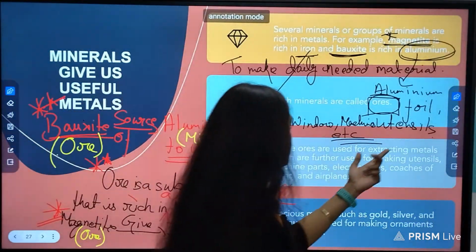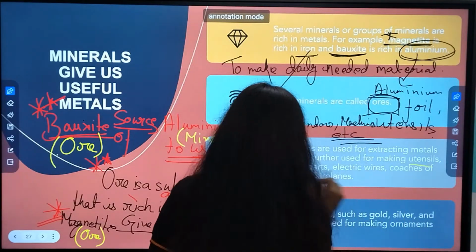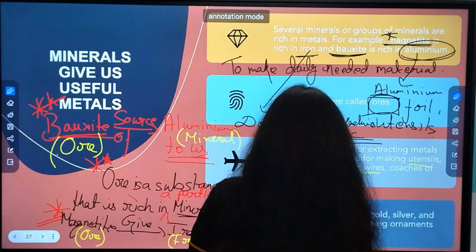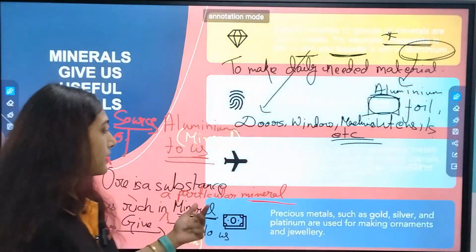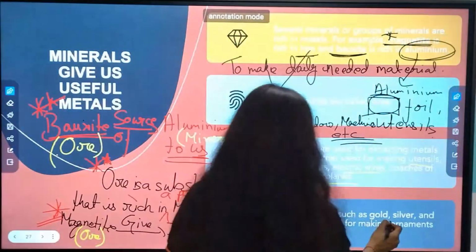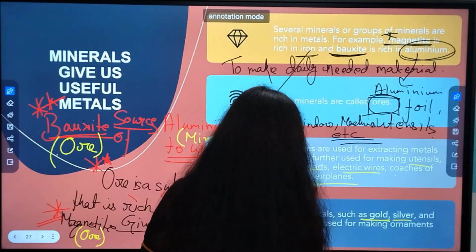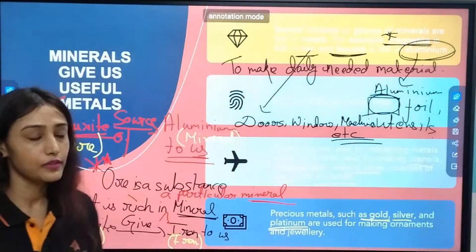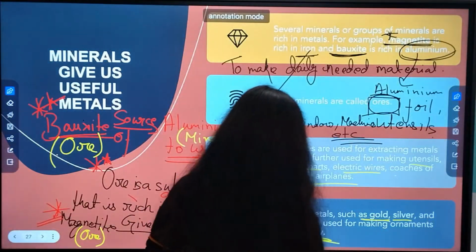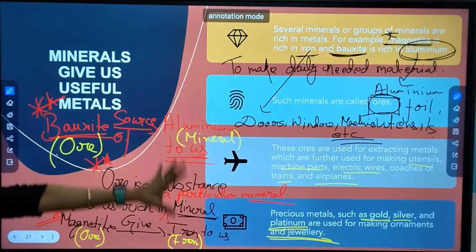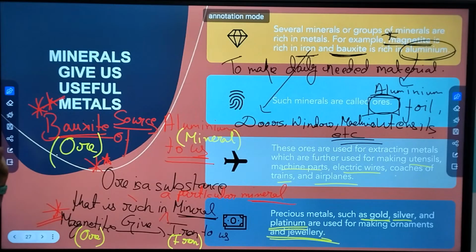These ores are used in extracting metals which are further used in making utensils, machine parts, electronic wares, coaches of trains, airplanes, etc. I have already told you this. Precious metals such as gold, silver and platinum are used for what? You already know. It is used for making of jewelry. Okay? Understood? I hope you have understood the difference between ore and mineral. Understood?